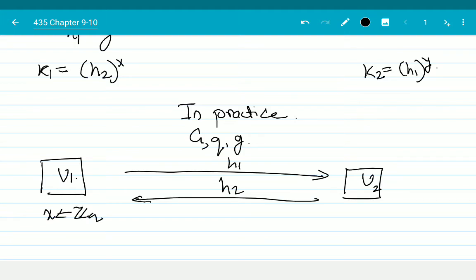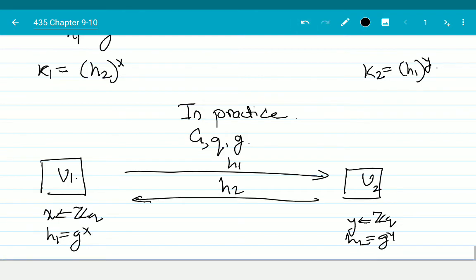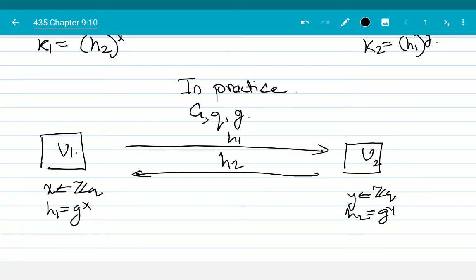Take x in Zq, h1 is equal to g to the x. y in Zq, h2 is equal to g to the y. And then we calculate the keys: K1 is equal to h2 to the x, K2 is equal to h1 to the y.